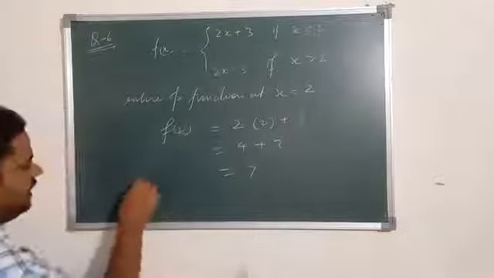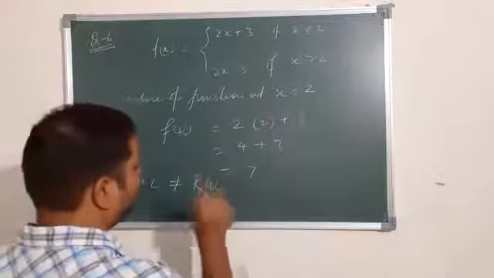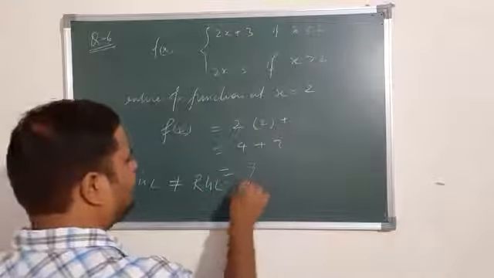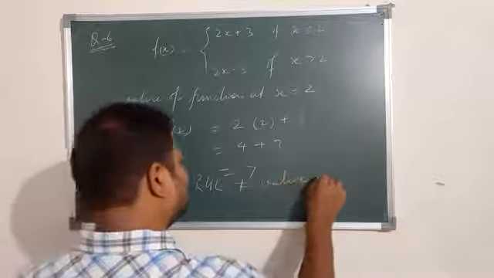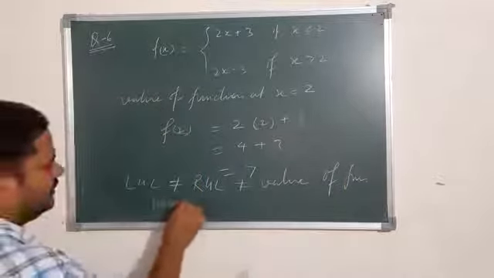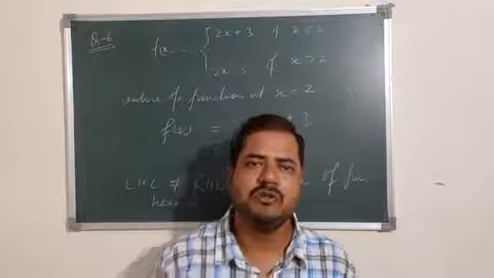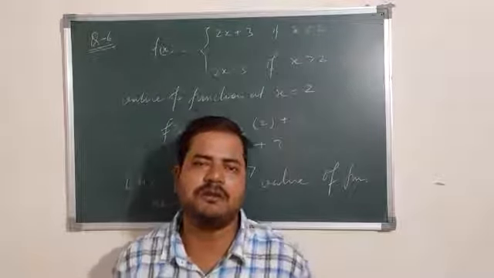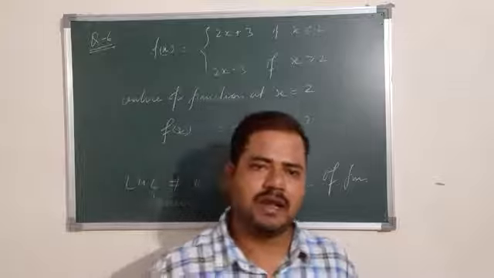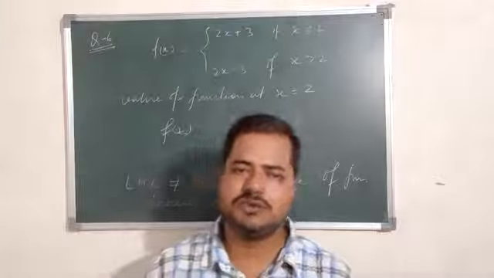So you see LHL does not equal RHL, and does not equal the value of the function. Hence the function is discontinuous at x is equal to 2. So the point of discontinuity is 2. We can answer it as: the point of discontinuity is 2.